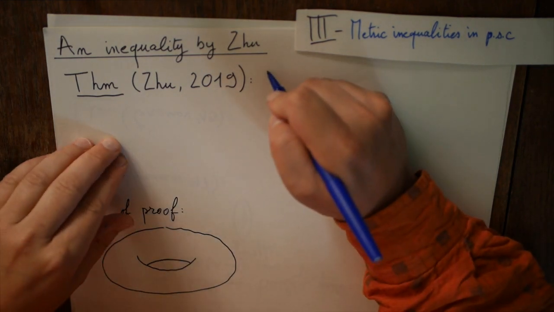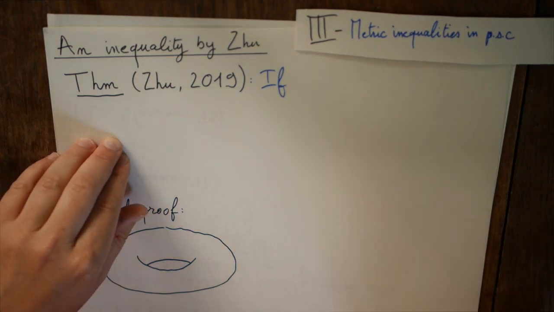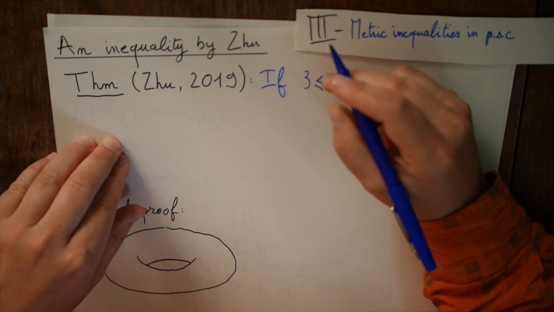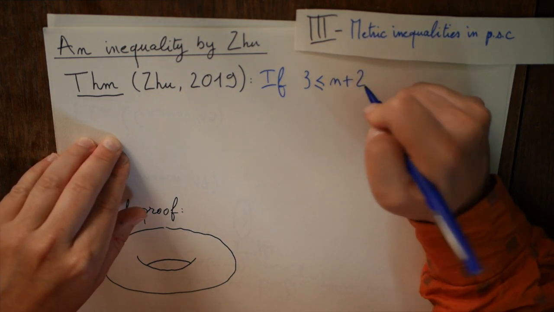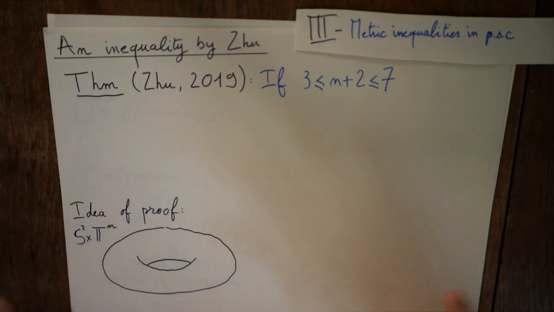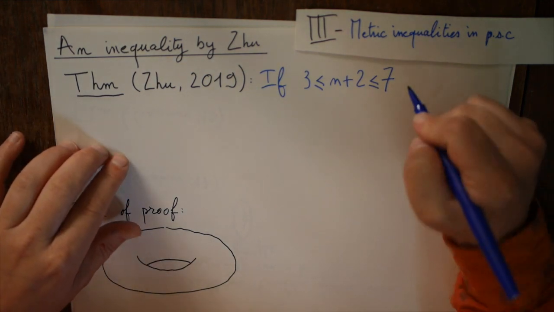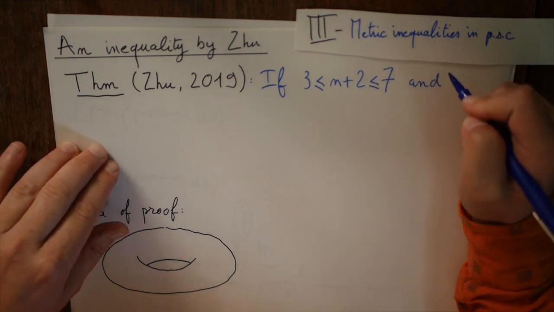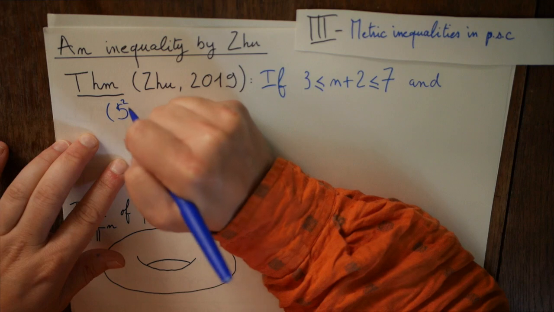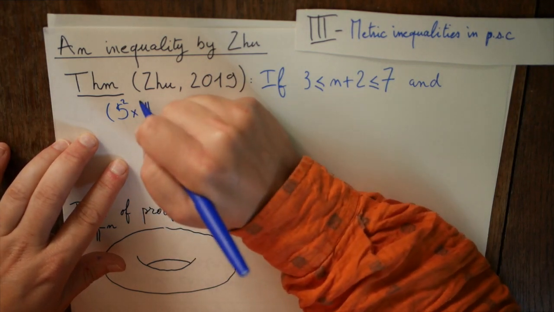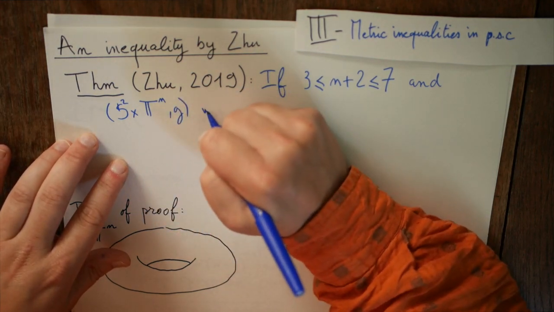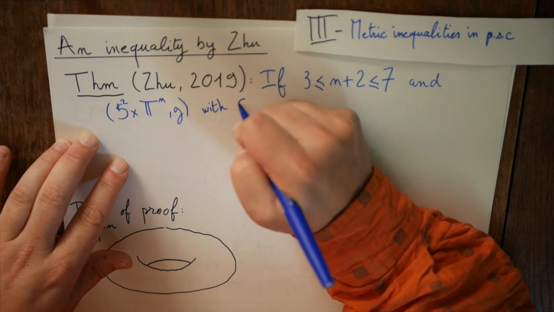So assume our dimension, which we will denote by n plus 2 for obvious reasons afterwards, is between 3 and 7, and assume also that we have some positive scalar curvature metric G on S2 times Tn, with some normalization.